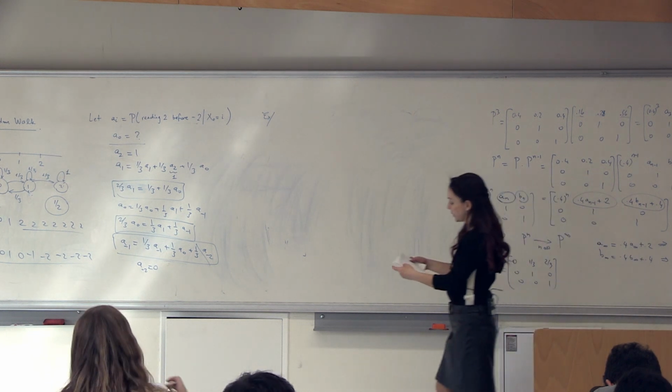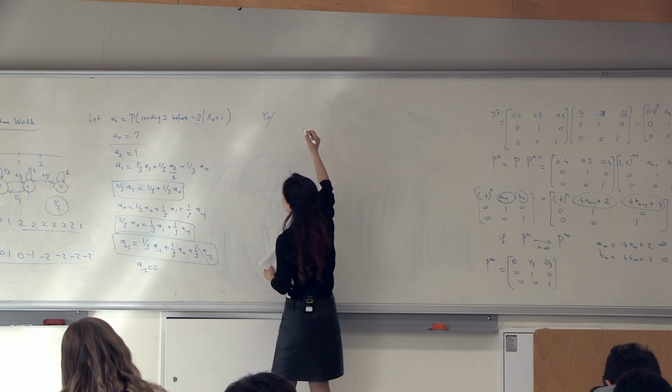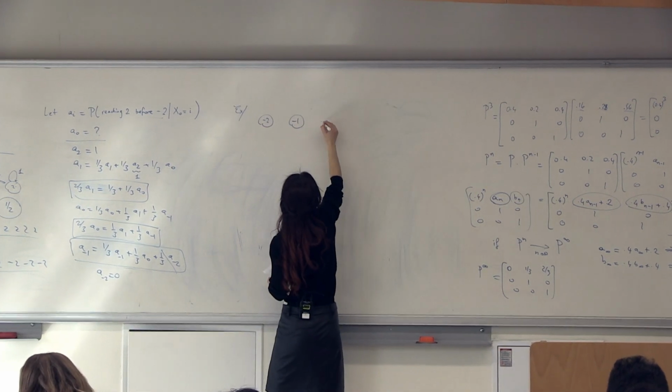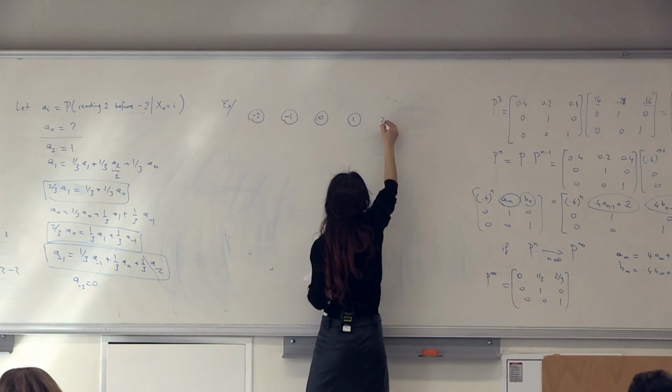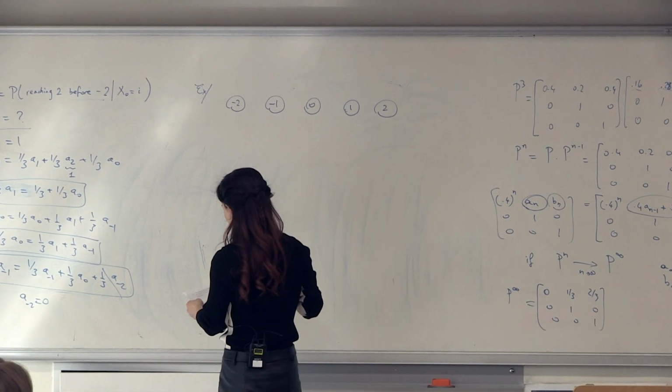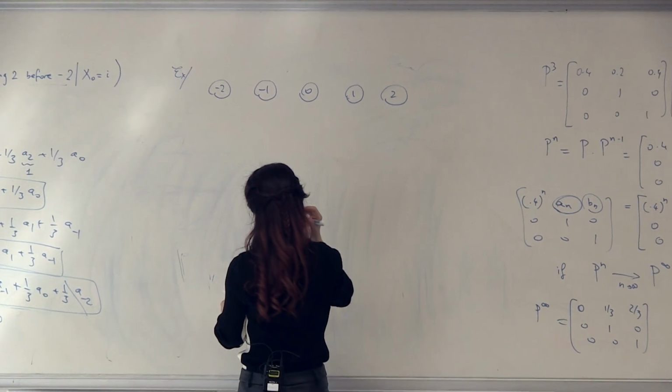Truncate the random walk in the previous example. Now we really have 5 states: -2, -1, 0, 1, 2. And the probabilities are the same.